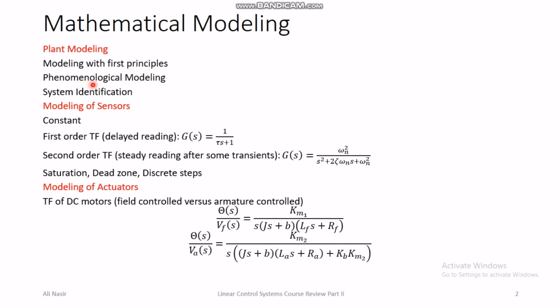Phenomenological modeling is done when first principles are not available, and system identification is done when lab experimentation is easy to perform or not too expensive. And modeling of sensors: there are constant models, delay models, and fluctuation based models which have transients and steady states. Then there are some phenomena in the sensors: saturation, dead zone, and discrete steps.